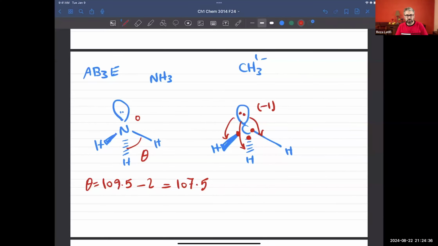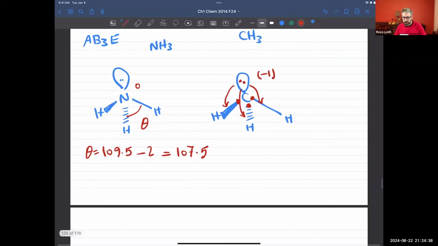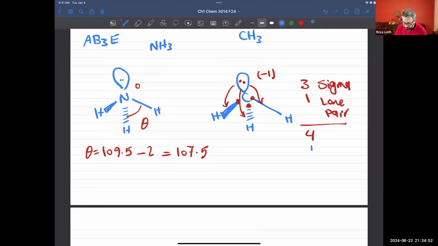What's the hybridization? Sigma plus lone pair. I have 3 sigma and 1 lone pair. So the hybridization will be sp3, because we have 4 pairs.